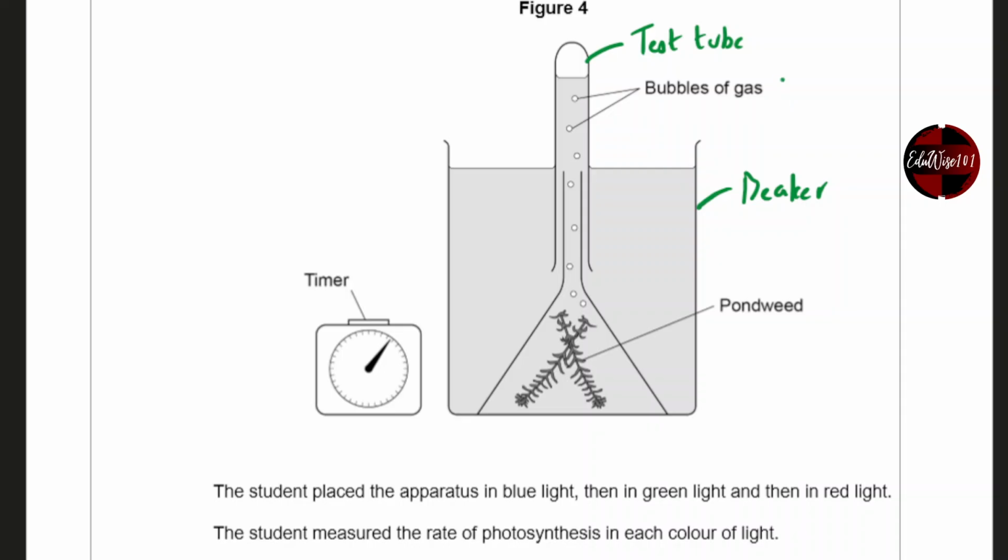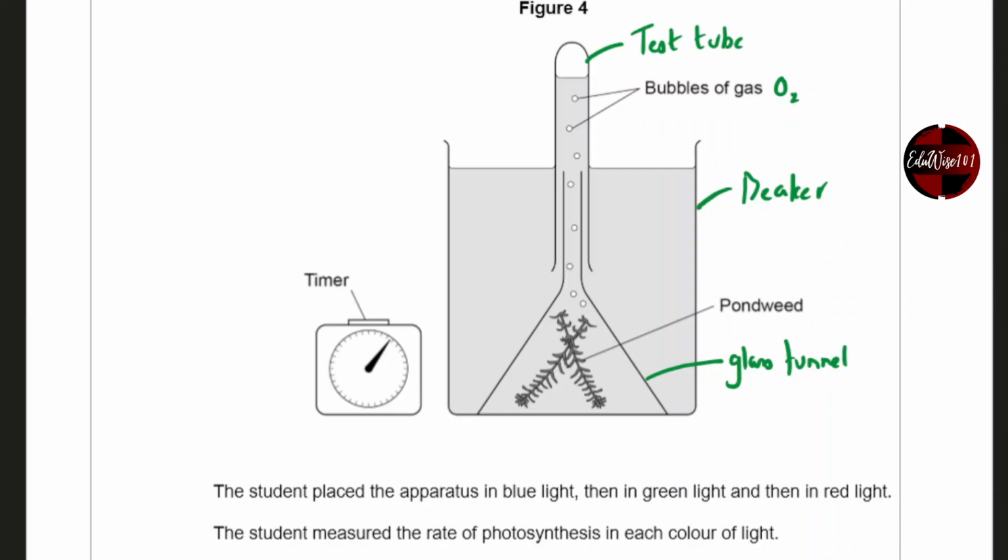Now bubbles of gas, that would be the oxygen. This is also oxygen that is collected here. Glass funnel, the pondweed and the timer. So as photosynthesis happens, pondweed carries out the photosynthesis. It produces the glucose, which is going to be inside the pondweed, and the oxygen that is produced is actually coming out as bubbles of gas.